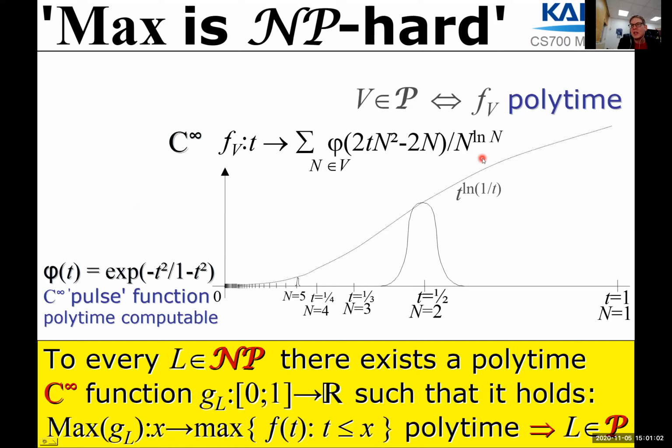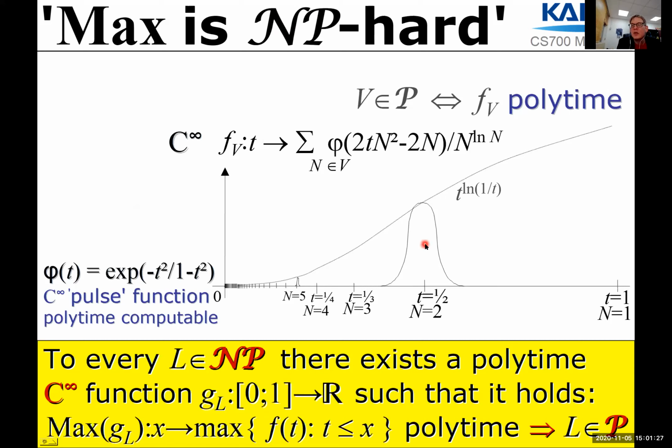which is basically 2 to the n squared. So that's quadratic complexity, and in particular polynomial complexity, to distinguish whether the pulse is present or not by approximately evaluating the function. We only need to evaluate the function approximately up to error 2 to the minus n squared.